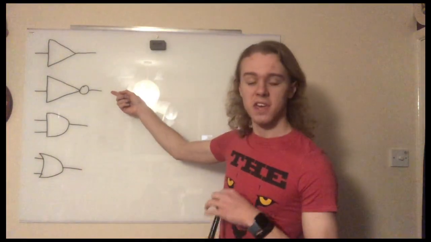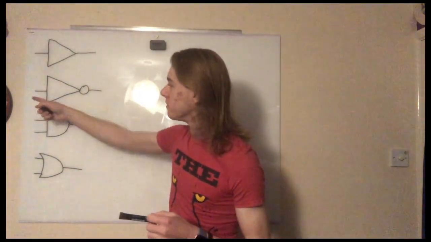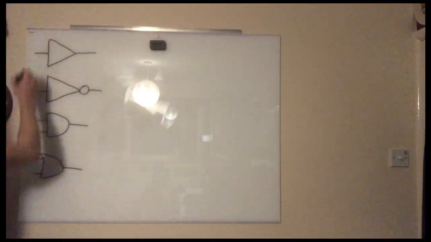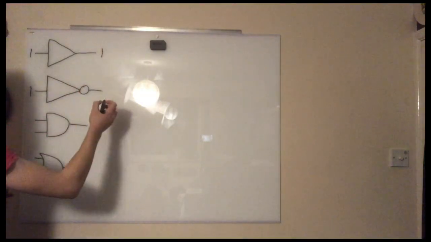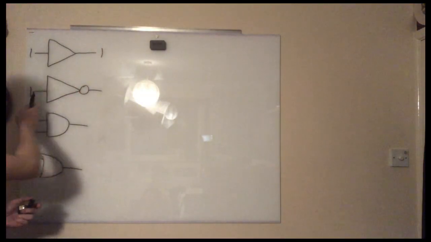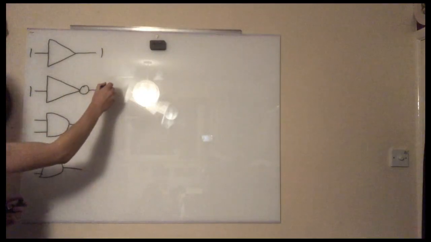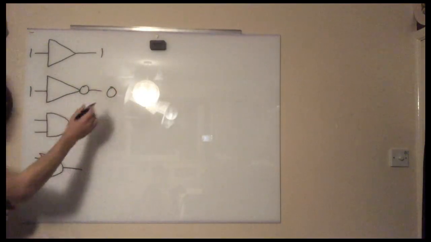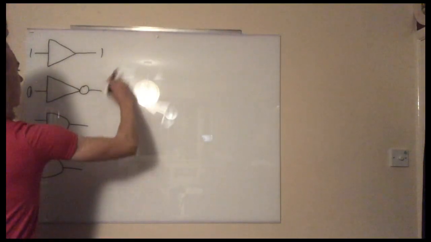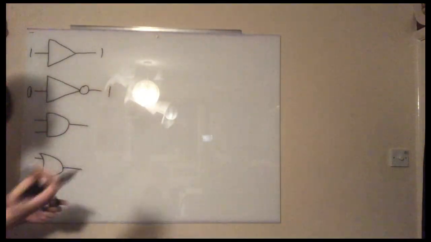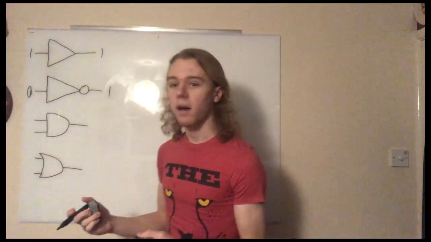This is a NOT gate, so if a 1 goes in here, a 0 comes out, because it inverts it, and if a 0 went in, then that would be a 1. You get the idea.